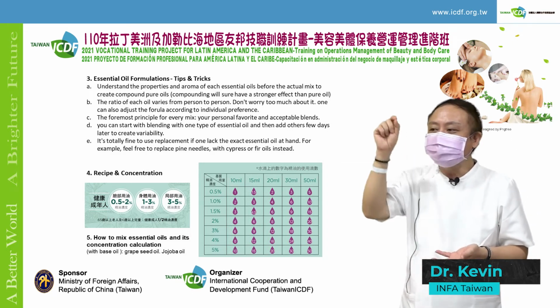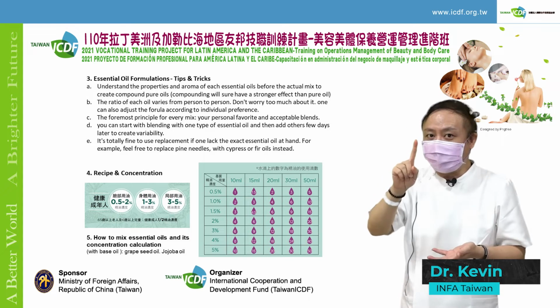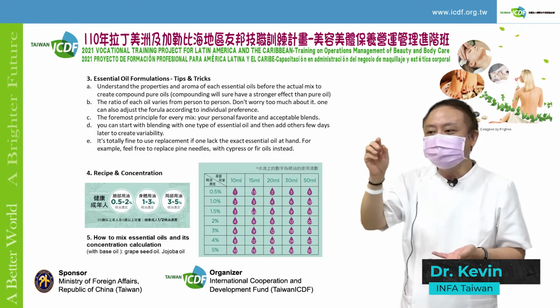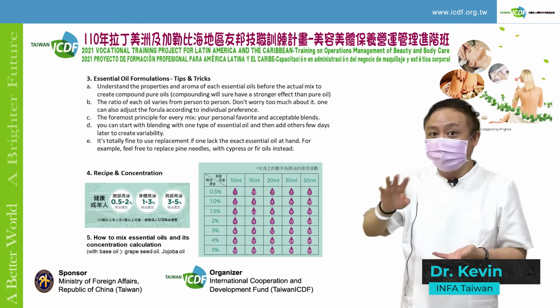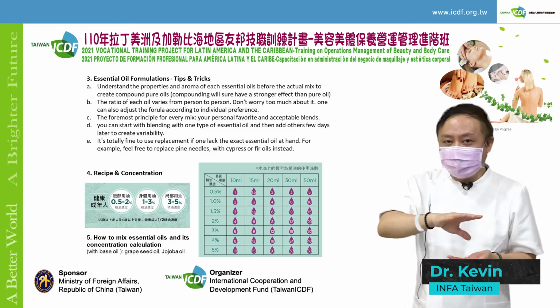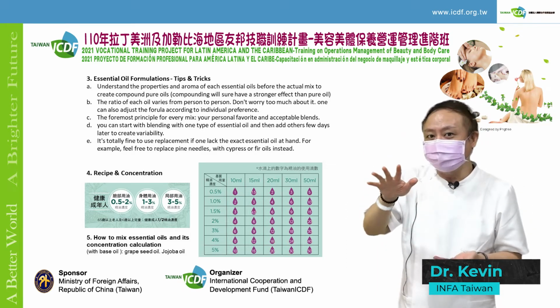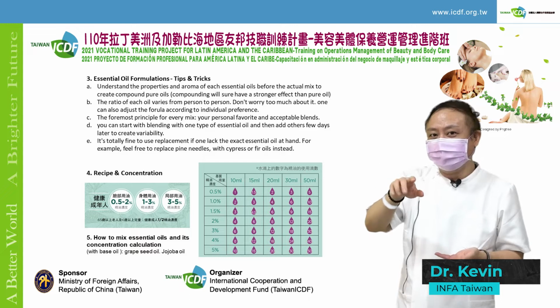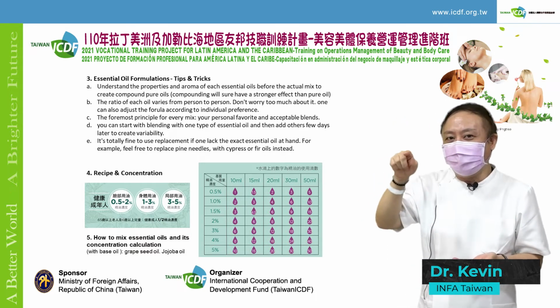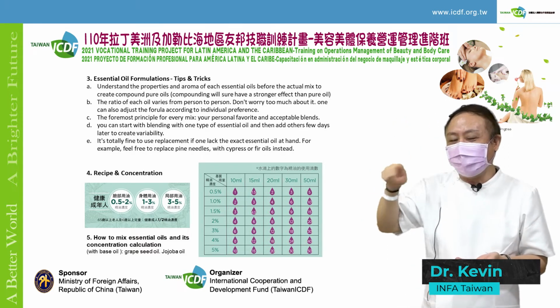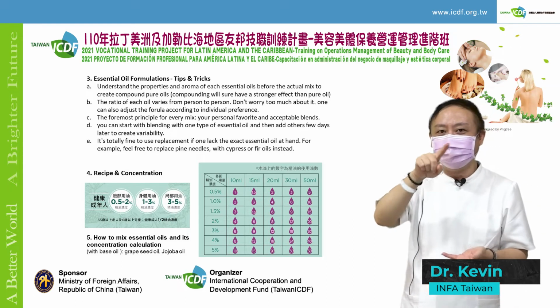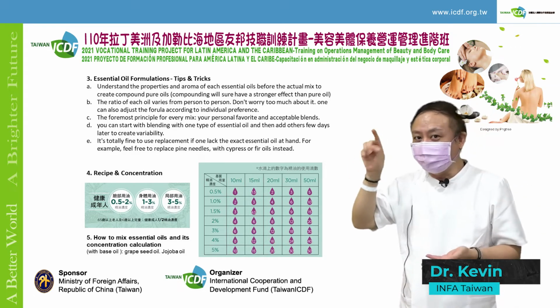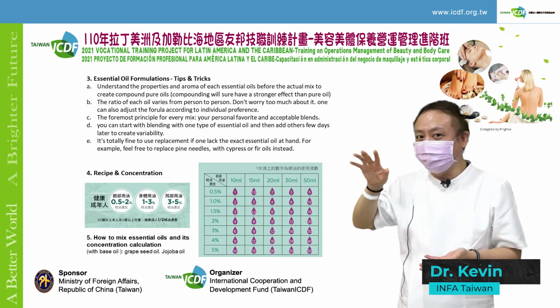So for 100 milliliter, in order to have a 5% essential oil, you have to have 20 drops times 5, and you need 100 drops of essential oil in there. We will show you how to calculate it later on. We will also tell you how you can do it based on your skin condition and your body condition that day.